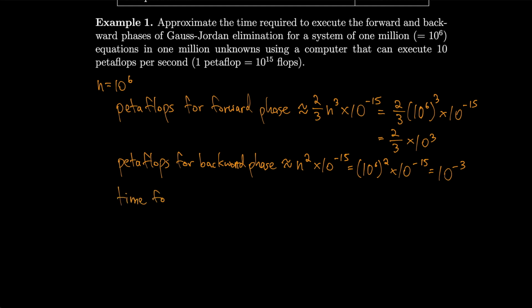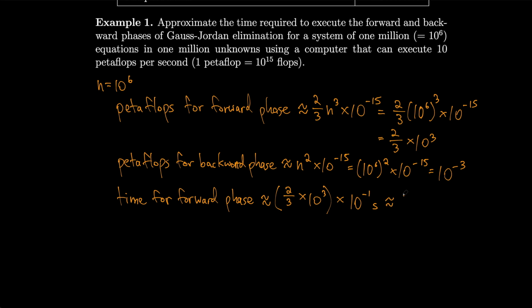The time for the forward phase should be about 2/3 times 10 to the third that we computed before, times 10 to the minus 1 seconds, because the computer can execute 10 petaflops per second, so I'm just dividing by 10.